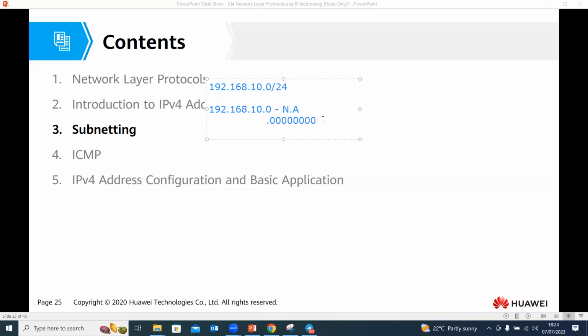We put all ones, so it will be 192.168.10.255. That's the broadcast address. But how do we represent it in terms of bits? In the host part, we shall have all ones.